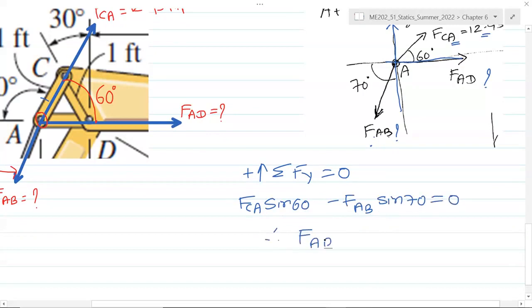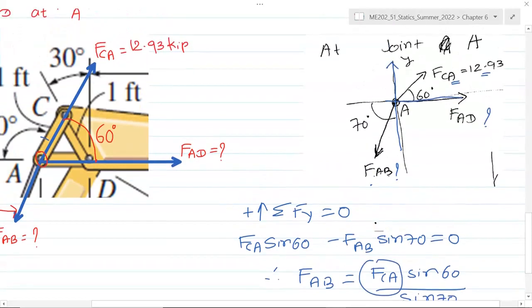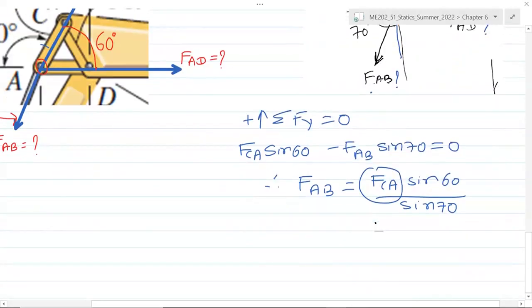Therefore, FAB is equal to FCA sine 60 divided by sine 70. And this is 12.93, we know that. So we substitute that here and get the value of FAB, which is 11.91 kilopound.